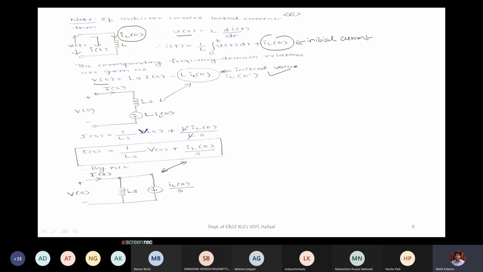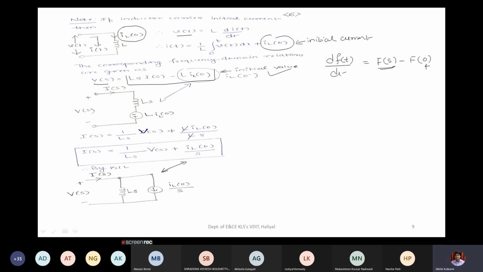How did we get this equation? We know already the Laplace transform of d by dt of f of t is F of s minus f of 0, that is the initial value.